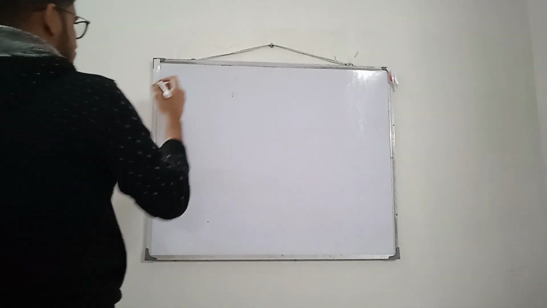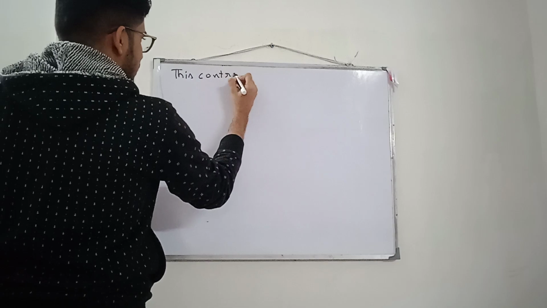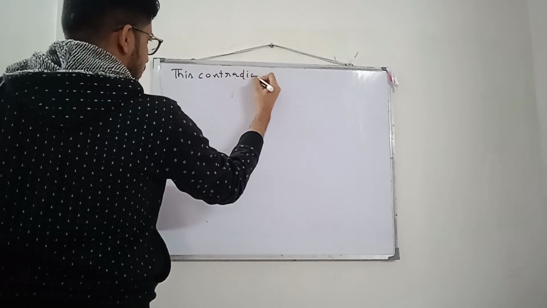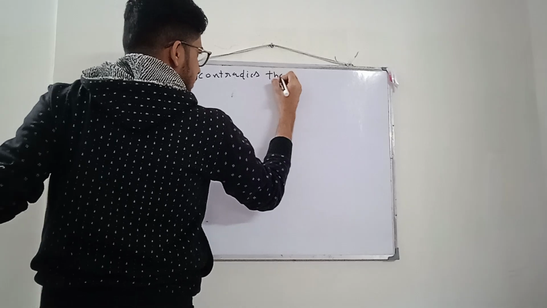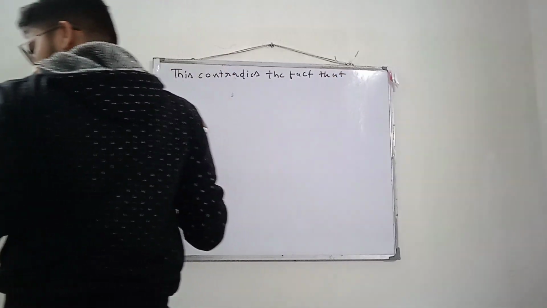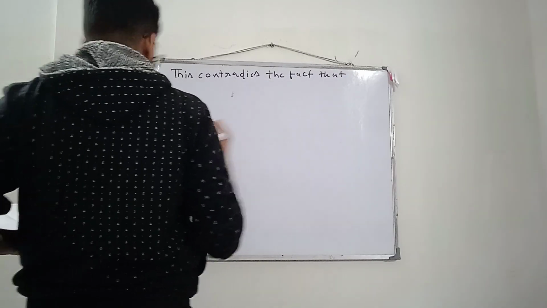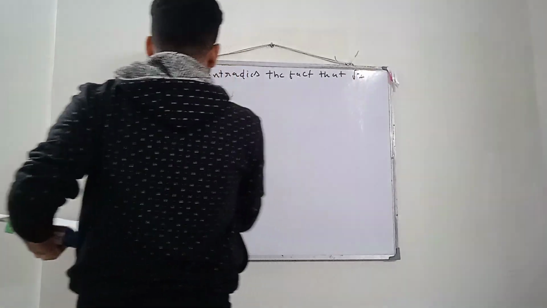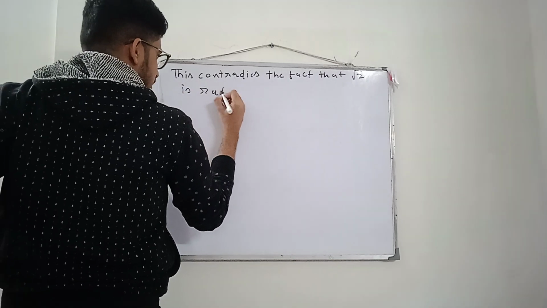The last statement here is that this contradicts the fact that root 2 is rational.